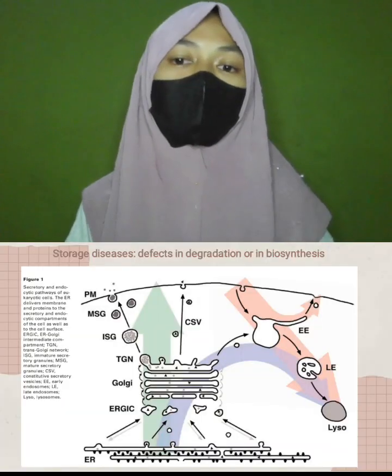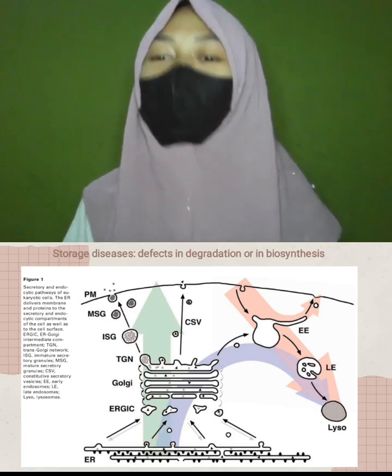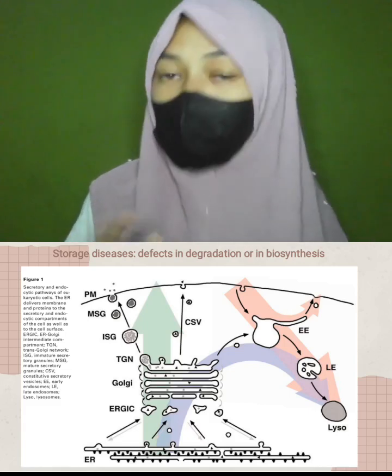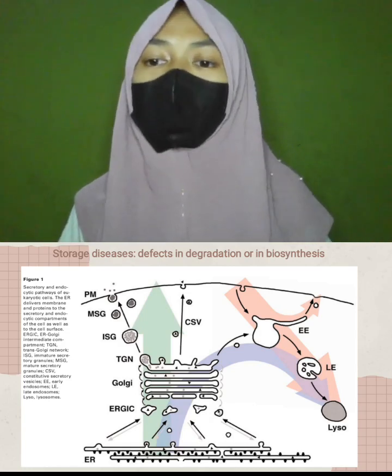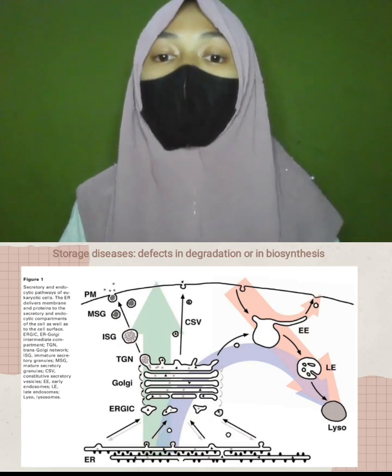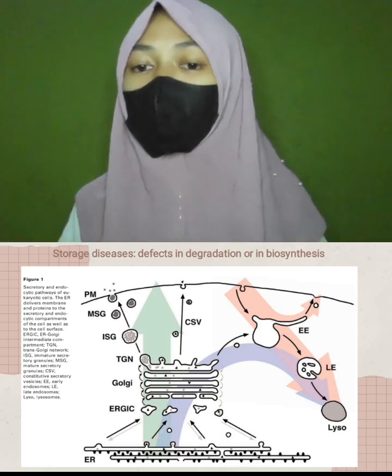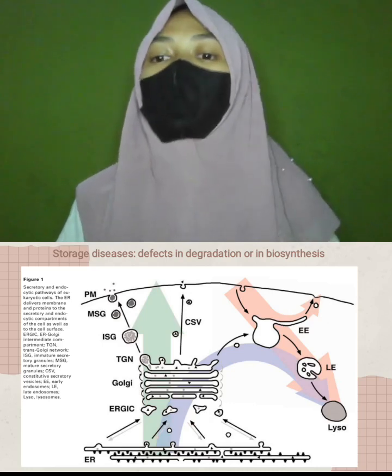So let's take a look at this figure. Figure 1 illustrates the major routes of membrane transport originating from the ER in eukaryotic cells. Correctly folded proteins exit in transport vesicles which bud from the ER and congregate at the ER-Golgi intermediate compartment, ERGIC.